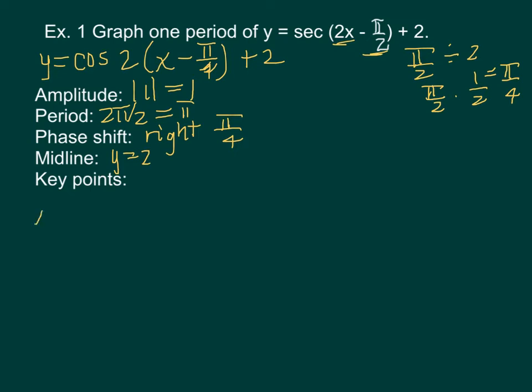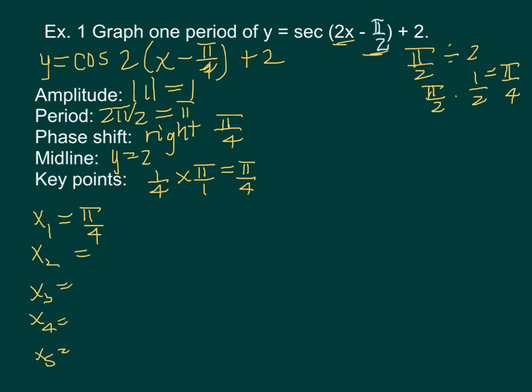So your first key point is pi over 4. And then you're going to take 1/4 times your period, which means we're adding pi over 4 each time. I like to have everything set up.